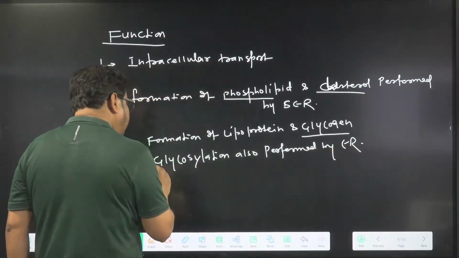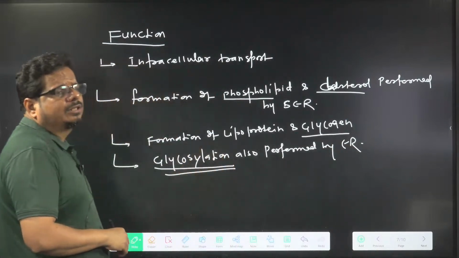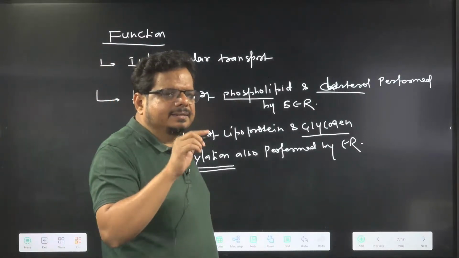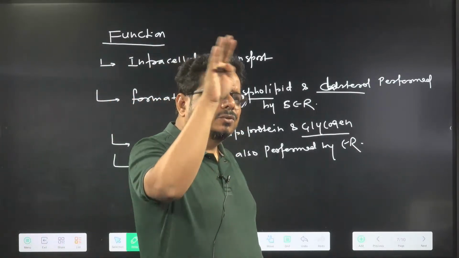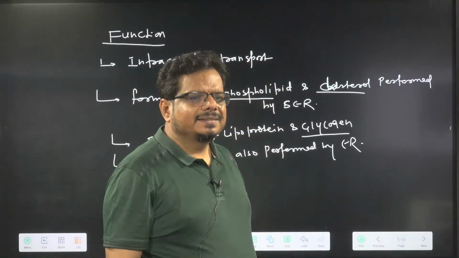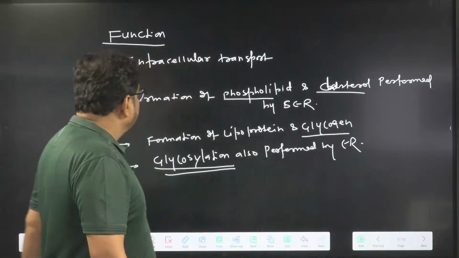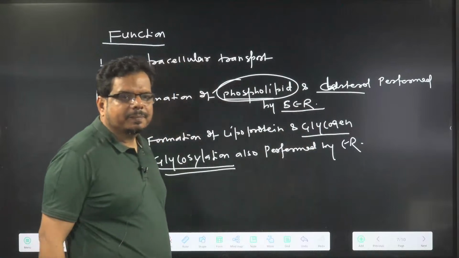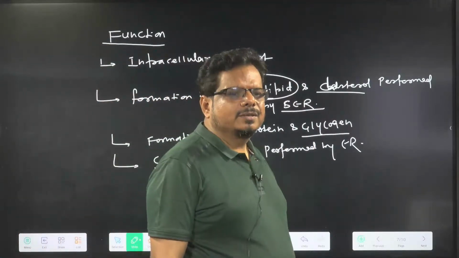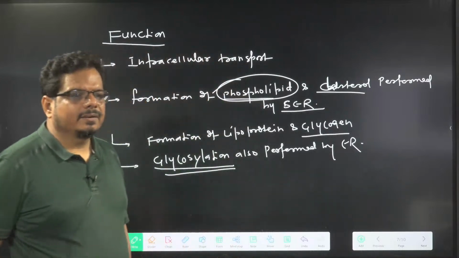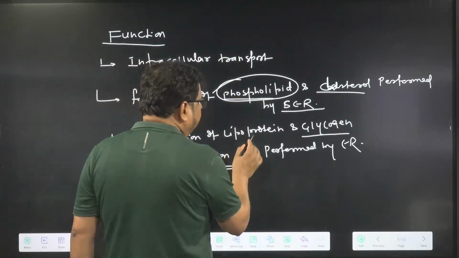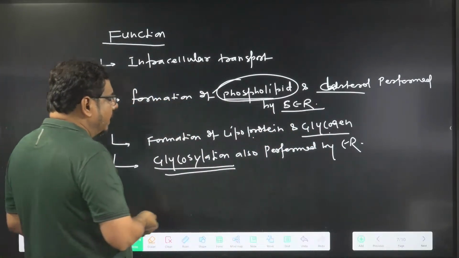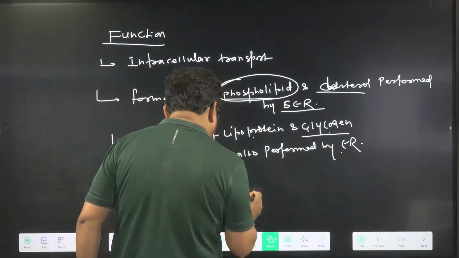Actually, glycosylation is the main function of Golgi body, but it is not written in ER in NCERT. Formation of phospholipid occurs in the smooth endoplasmic reticulum. Lipoprotein and glycogen formation occur by ER. Glycosylation is also performed by ER.